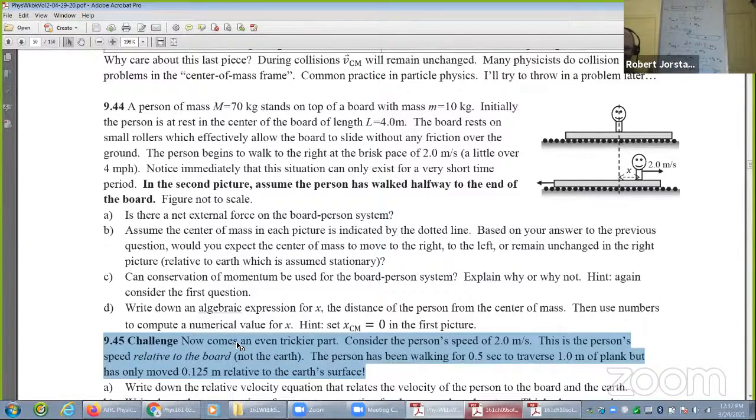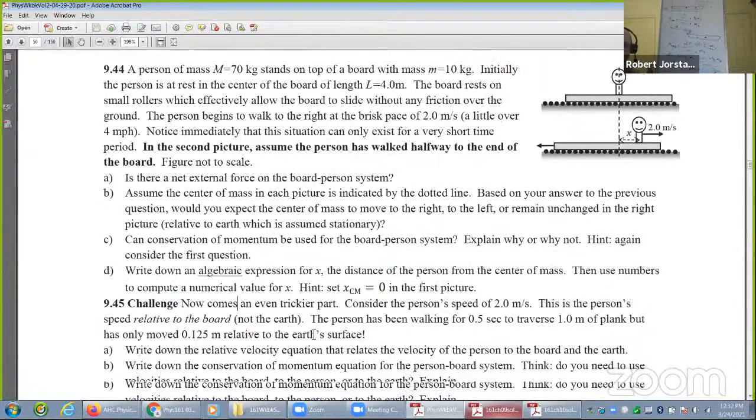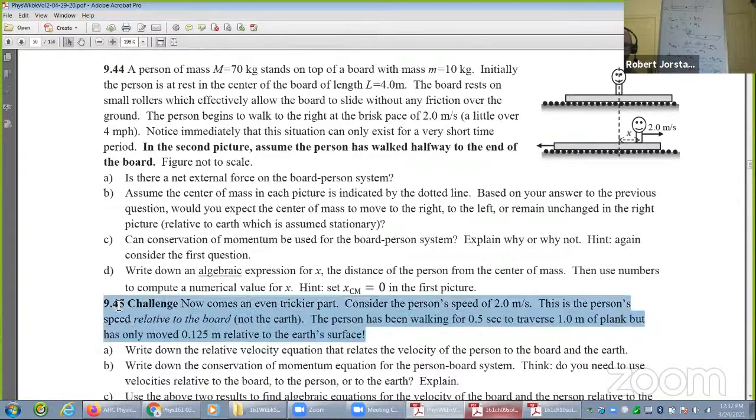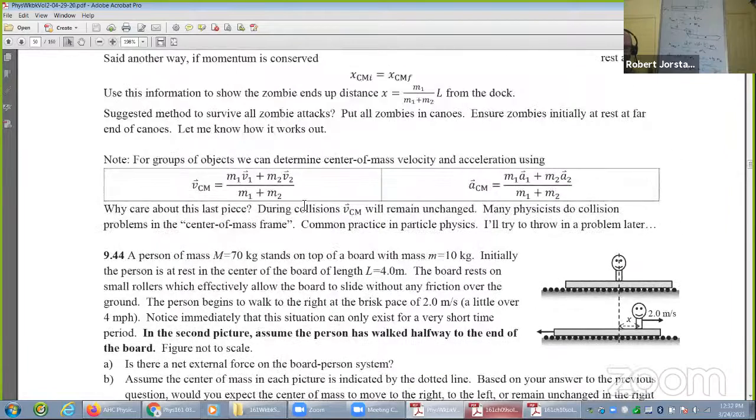It's a challenge problem. It's not that hard if you want to read the work. And there's one problem later in chapter 11 that comes back to this. So basically, if you want to understand the motion while they're moving, we need to use the center of mass velocity equation or the acceleration equations.